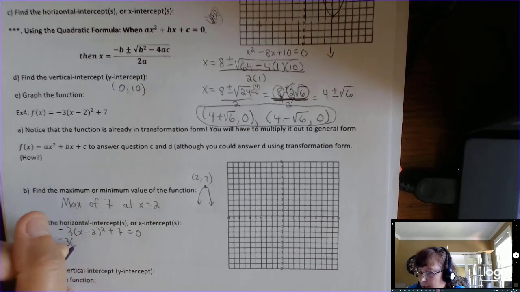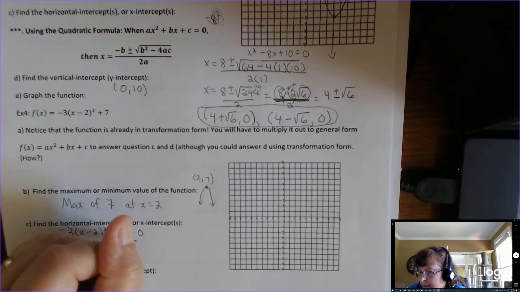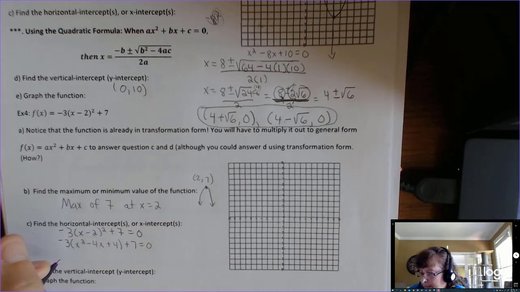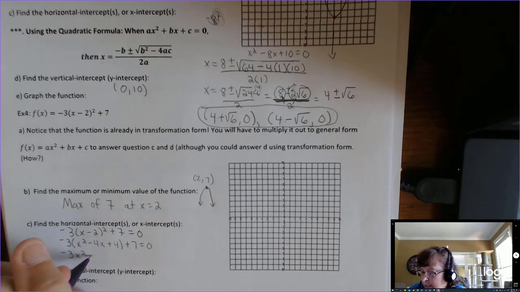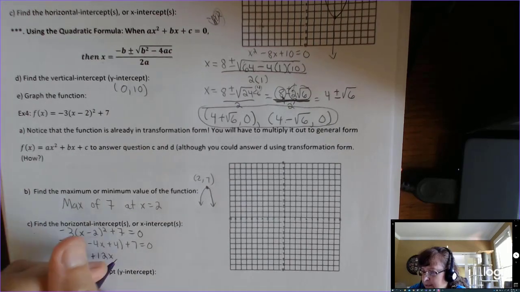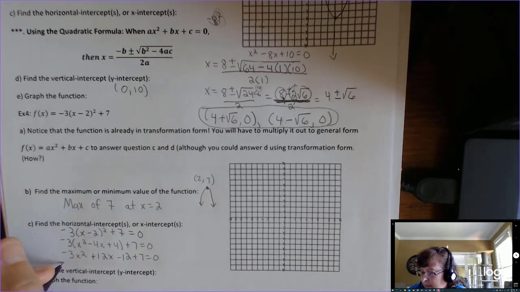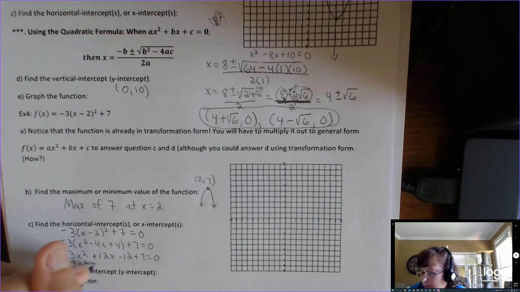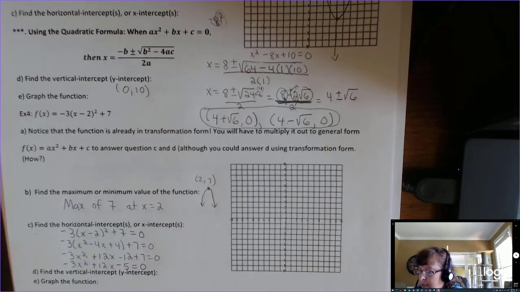Negative 3 times x squared minus 4x plus 4, plus 7 equals 0. Distribute the negative 3, that's negative 3x squared plus 12x minus 12 plus 7 equals 0. That's negative 3x squared plus 12x minus 5 equals 0.